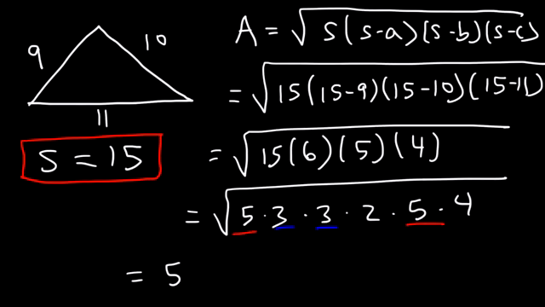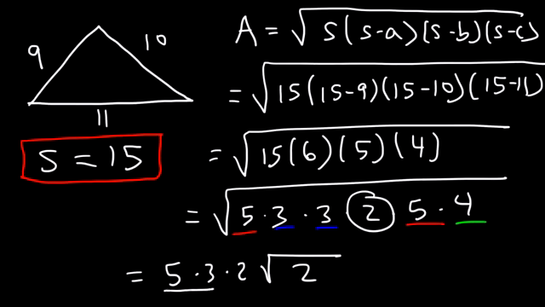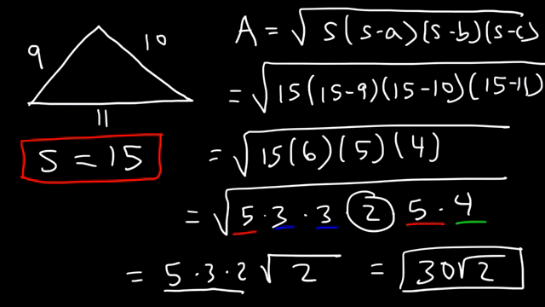These two 3s can come out as a single 3. And the square root of 4 is 2, so that comes out as a 2. So we're left with a 2 inside. 5 times 3 is, I mean, not 30, but 15. And 15 times 2 is 30. So the final answer is 30 square root 2. That's the area of the triangle using Heron's formula.